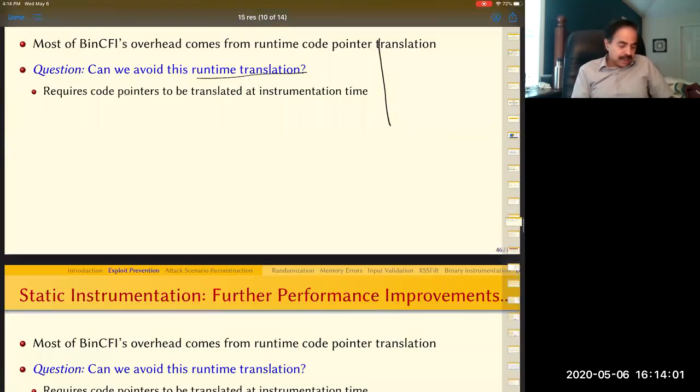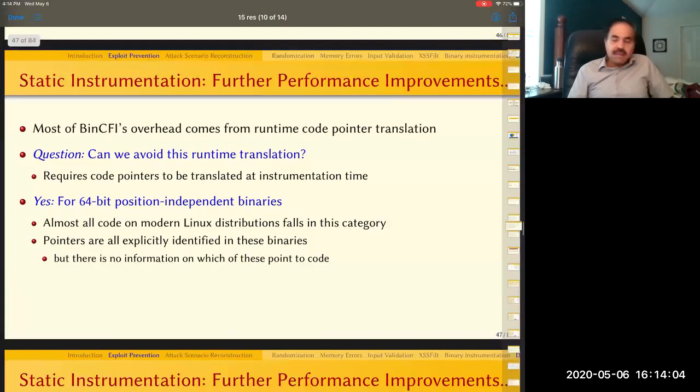And it turns out that when we go to 64-bit platforms, we have more help from the compilers to identify code pointers, and as such, it is possible to identify and translate these code pointers at instrumentation time, and therefore you can avoid this runtime translation overhead completely. And so as a result, you can instrument binary code, and there will be no particular overhead at all.